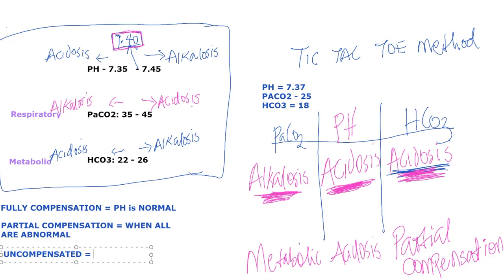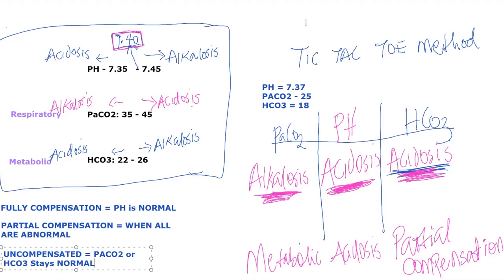That happens when either my PaCO2 or HCO3 stays normal. Whenever I have PaCO2 or HCO3 stay normal, they are not trying to help the situation, and of course, my pH most likely is abnormal. We say we have an uncompensated situation.